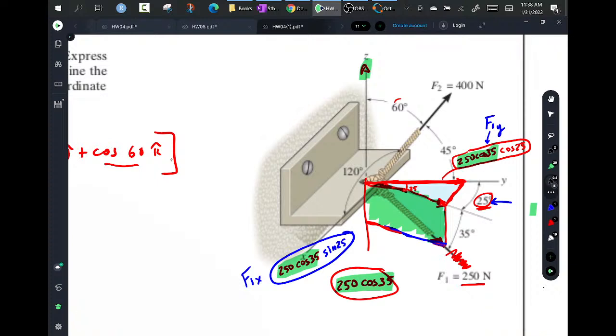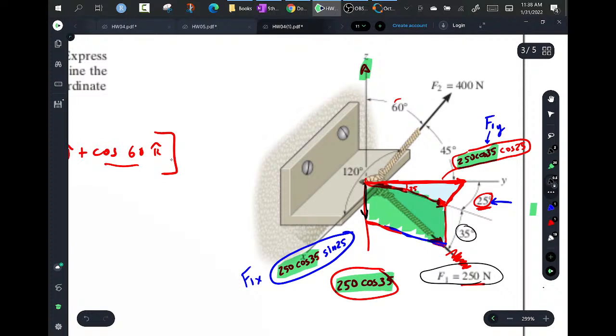So, I want to know the component in this direction, because this is the z direction. Well, it's the 250, and it's going through 35, but it's the same distance as this. Again, that's the hypotenuse. It ends up being 250 times the sine of 35.